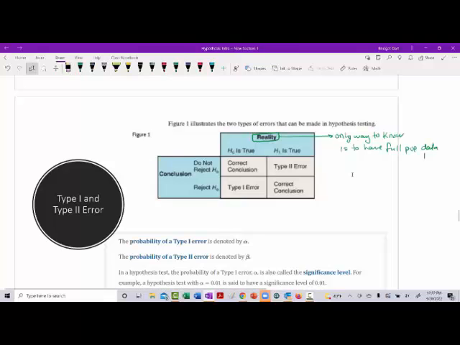That's why we're going off a sample to begin with. So we have to make a decision. But we have to understand that when we make our conclusion based on a sample, and usually just a sample, there is always a risk of error. There is always a risk that we got it wrong.